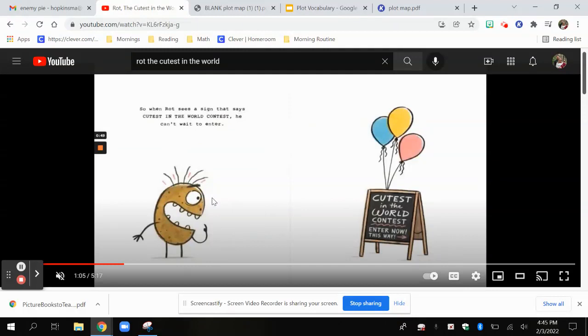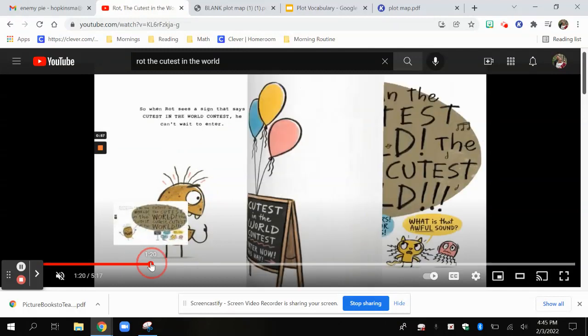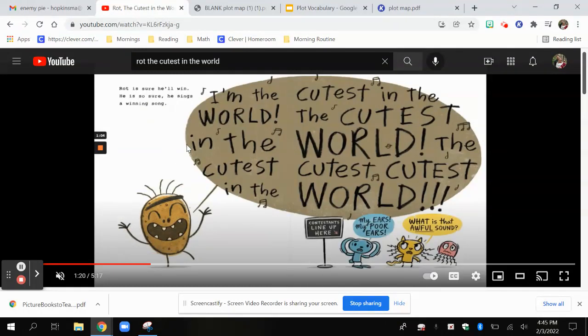Cutest in the World contest, enter now, this way. Rot is sure he'll win. He's so sure he sings a winning song. I'm the cutest in the world, the cutest in the world, the cutest, cutest, cutest in the world. Contestants, line up here. My ears, my poor ears. What is that awful sound?